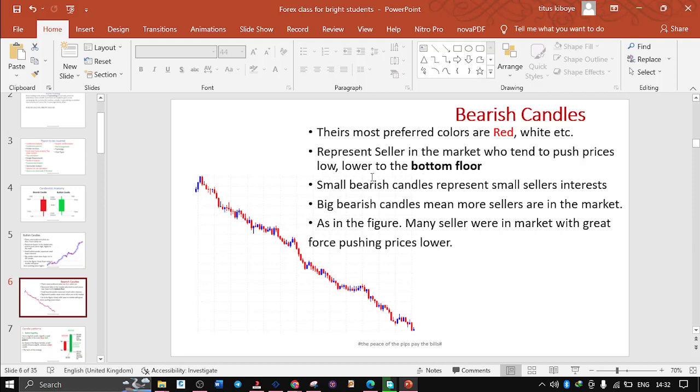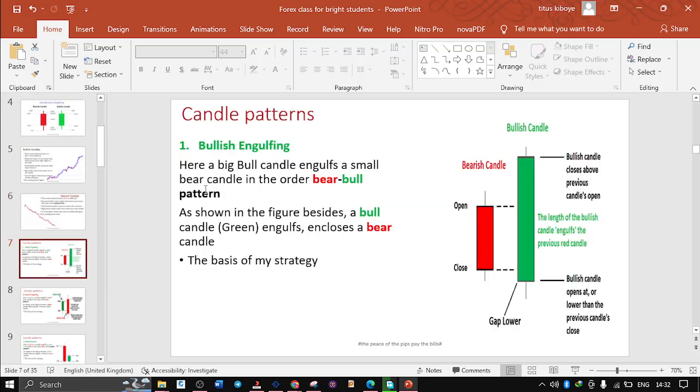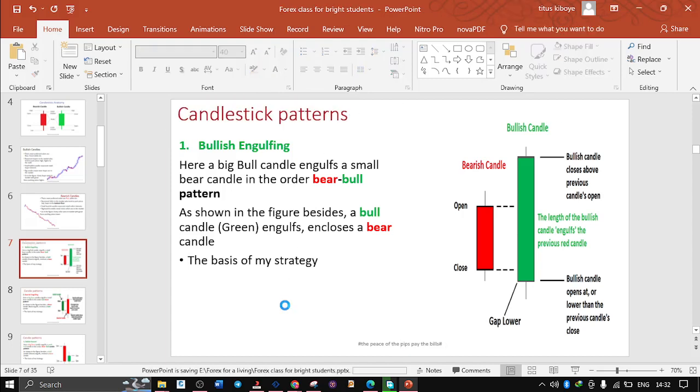As the figure shows, we are seeing very many red candles, meaning sellers are pushing the price of this financial asset to the floor. These are the most important candlesticks I want you to master, because the strategy you're going to learn is alongside these candlestick patterns.